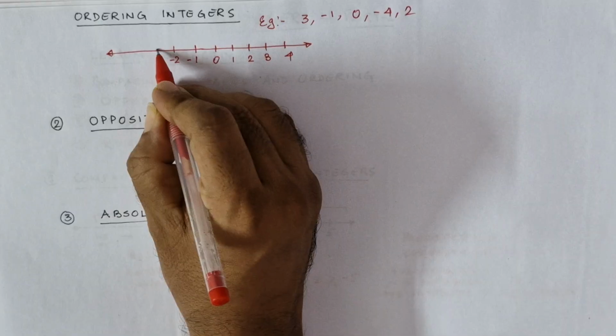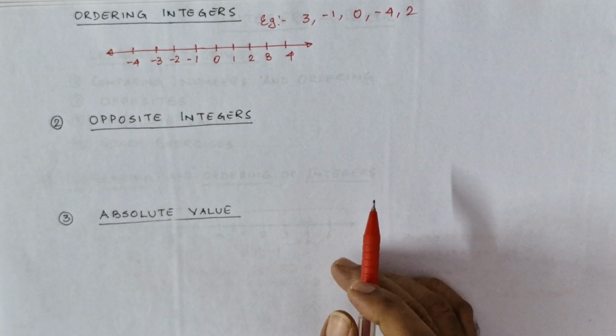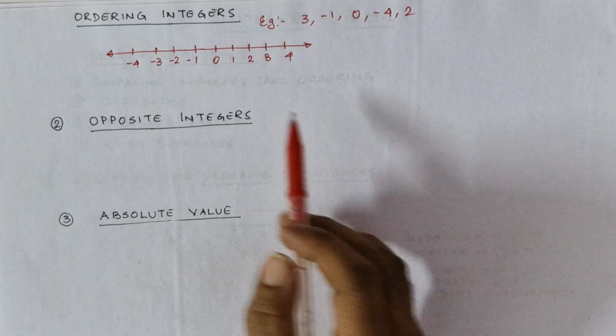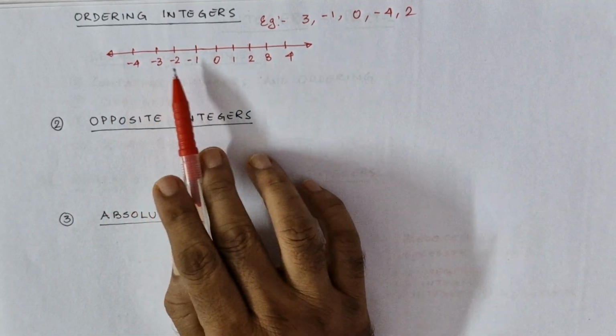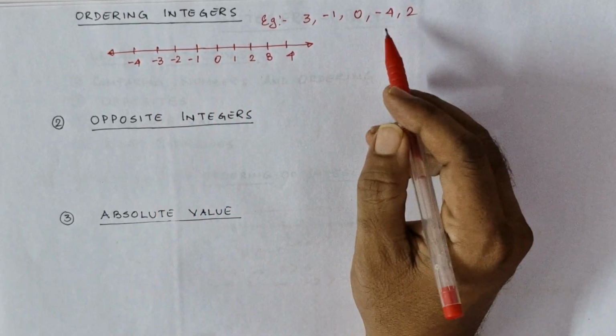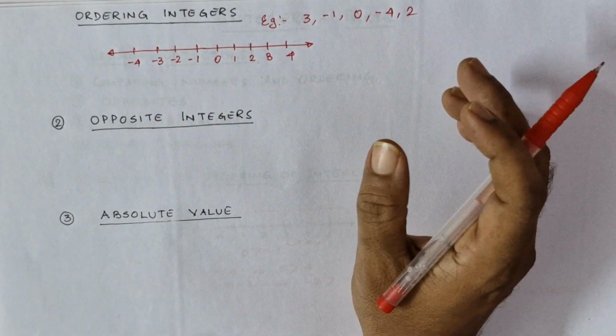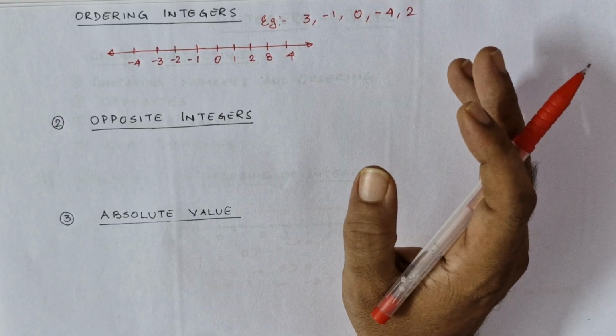So -1, -2, -3 and -4. Now you can easily tell if the numbers have been arranged on the number line. See, we have done that. Now we can pick up the numbers and say which one is the greater or which one is the smaller.